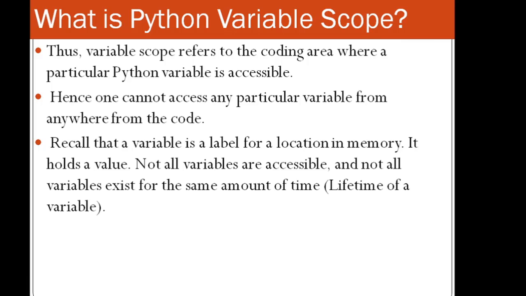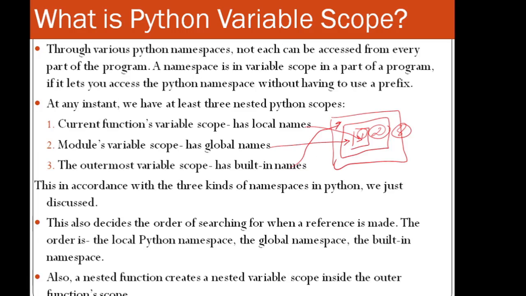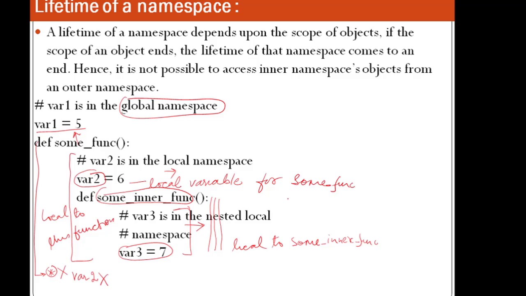Then, variable scope refers to the coding area where a particular Python variable is accessible. So this is your full code, right? This is your whole coding area. This is one coding area, right?